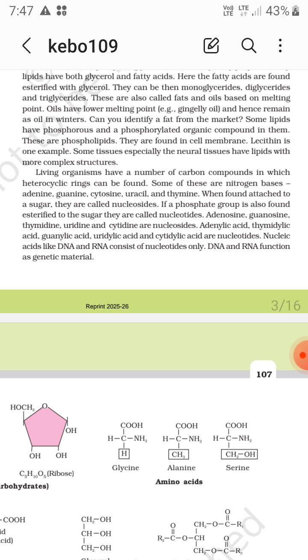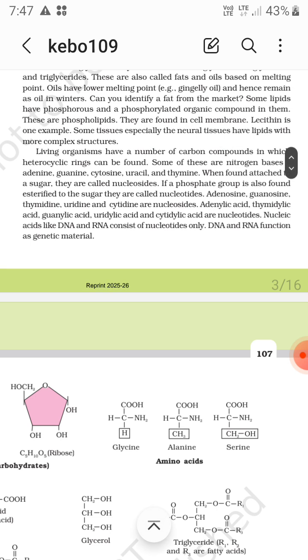If a phosphate group is also found esterified to the sugar, they are called nucleotides. Adenosine, guanosine, thymidine, uridine, and cytidine are the nucleosides. Adenylic acid, thymidylic acid, guanylic acid, uridylic acid, and cytidylic acid are the nucleotides.